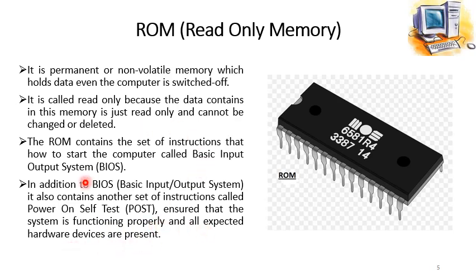So all these activities are done when we start our computer in the beginning, and this is the responsibility of ROM. With the help of these two programs which are stored inside the ROM, it examines the computer and it starts up our computer's operating system. ROM is shown in the figure.